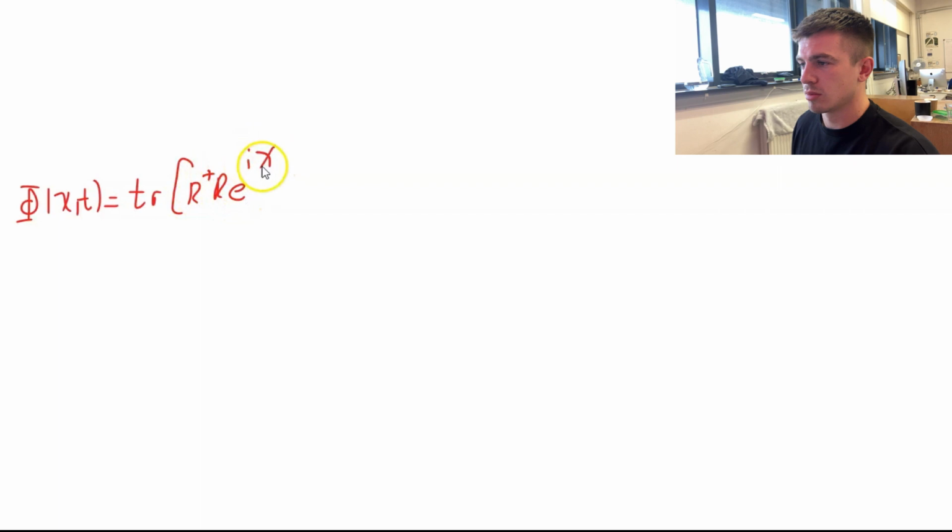Okay, so what I'm going to do now is insert the identity into the characteristic function, and I'm going to write it as R dagger R. And then we will, so I should have another one there. We will see why I'm doing this in a second.